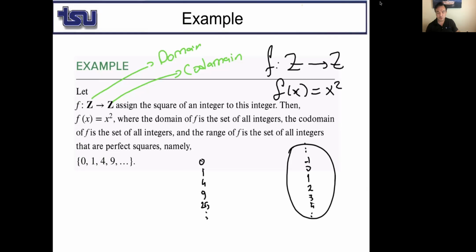The square of -1 is 1. The square of 1 is 1. The square of -2 is 4. The square of 2 is 4. The squares of -3 and 3 are 9. So basically, the range is a subset of all integers. That's called the set of perfect squares. So that's the range.